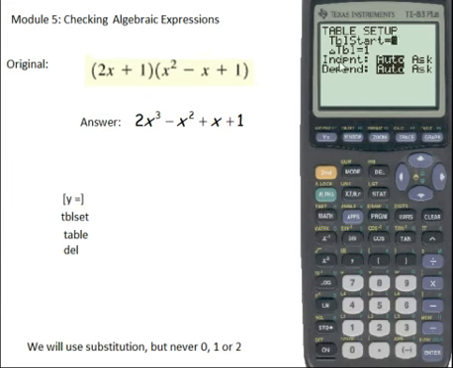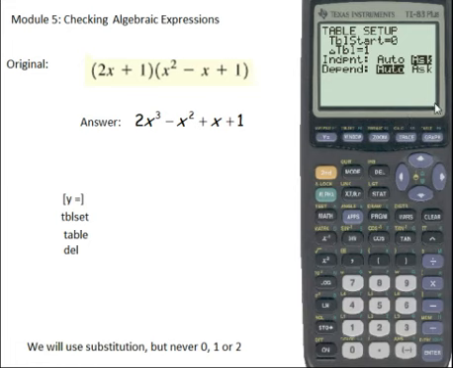We would like independent to be set at ask. So go down with the arrow and over to ask and hit enter. And that, once you set it on your own calculator, will stay that way until you change it, which hopefully will be some other semester.